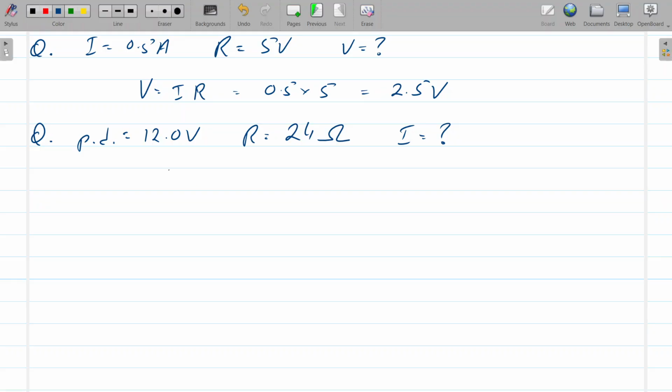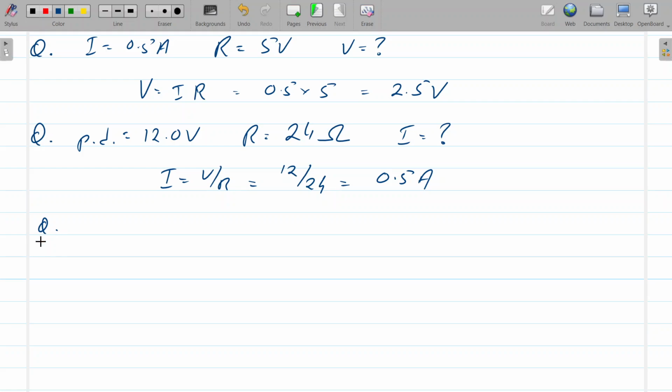R equals V over I, which will give me the current. So what are the values I'll be using? 12 over 24, which will give me how much? 0.5. Nice. And the interesting thing is in both these questions, the current is the same. The resistance and voltage are different. Obviously, I didn't plan that, but interesting.